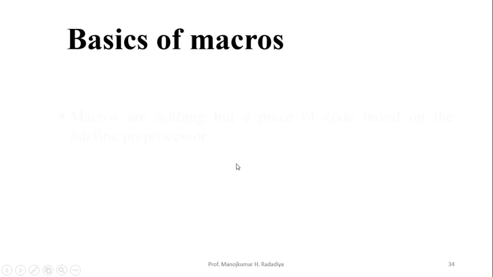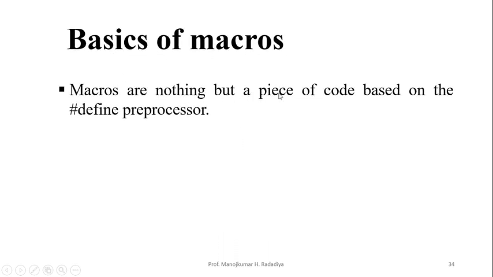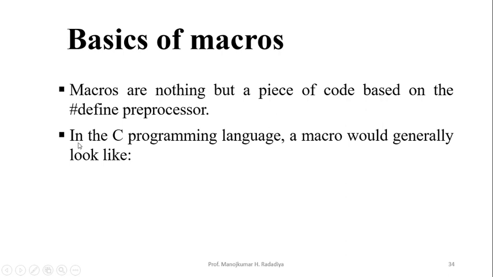The basics of the macros: a macro is nothing but a piece of code based on the #define preprocessor directive. In the C programming language, a macro generally looks like this: #define, then after a space your macro name, then a space and your macro value.